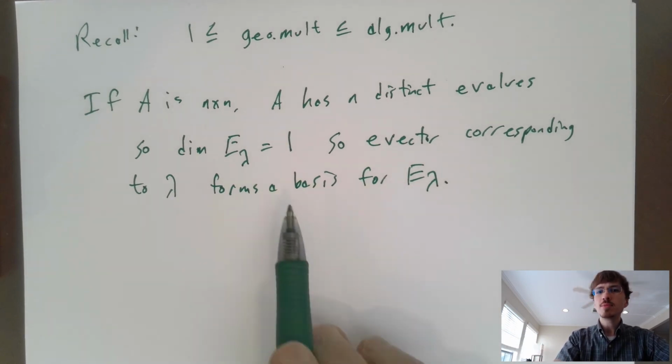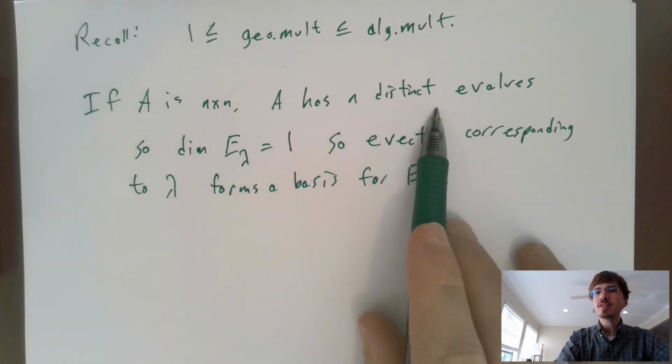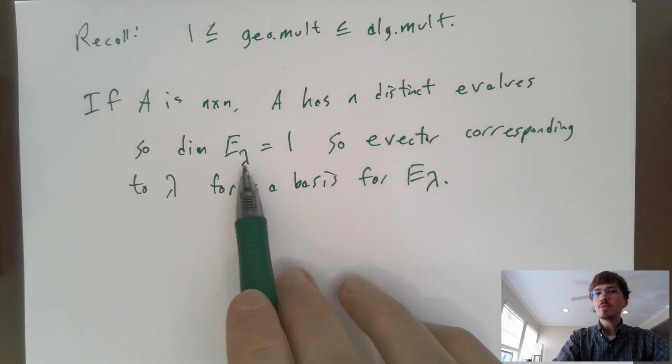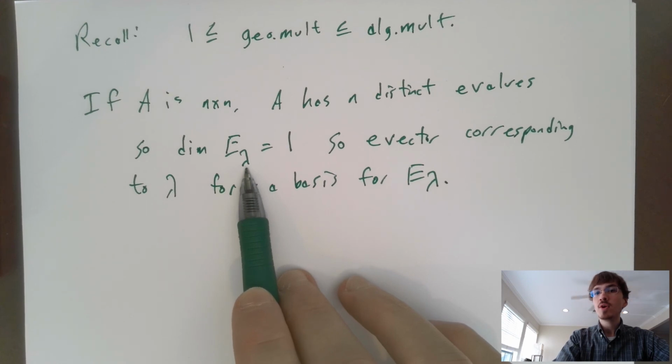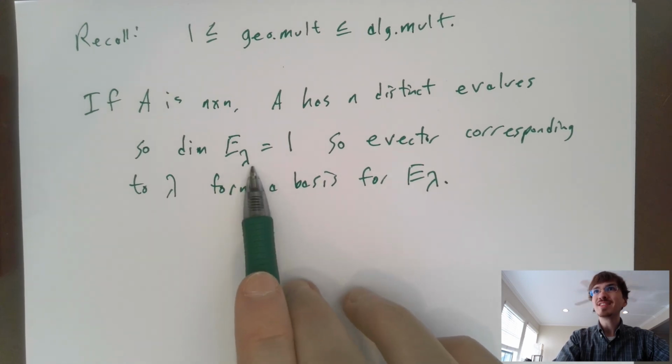And what else can we get from this? If we have distinct eigenvalues, we will have distinct eigenspaces, right? What do we know about eigenvectors from distinct eigenspaces? They must be linearly independent.